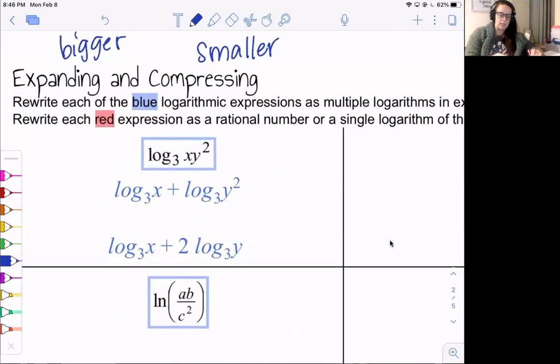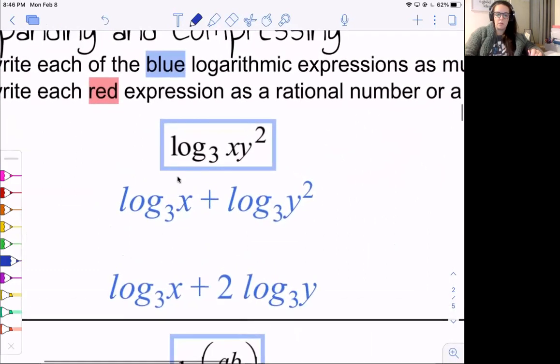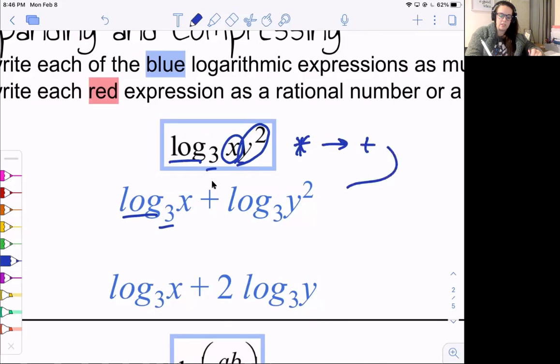So let's take a look at this example here. Our problem is here. This is our log, and we're trying to expand it into multiple logs. So the first thing that I did is I said, okay, log base 3 of x, and it's being multiplied times y squared. So multiplication, remember? Multiplication means that we're converting it to addition. That's how we get our two pieces here.